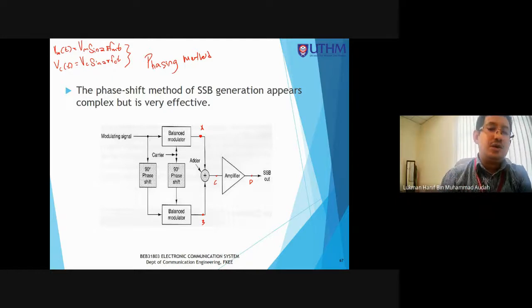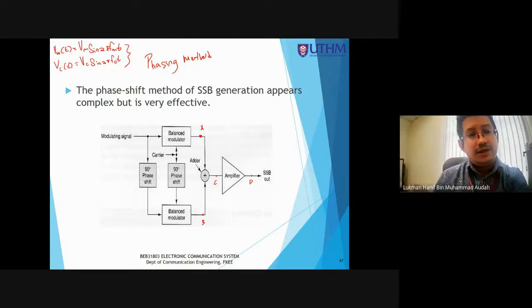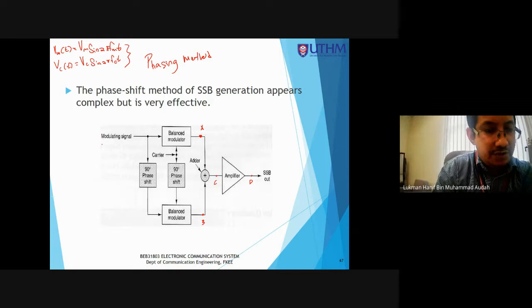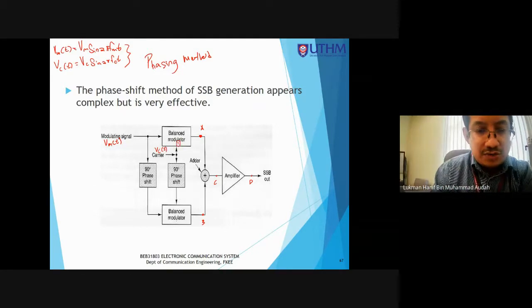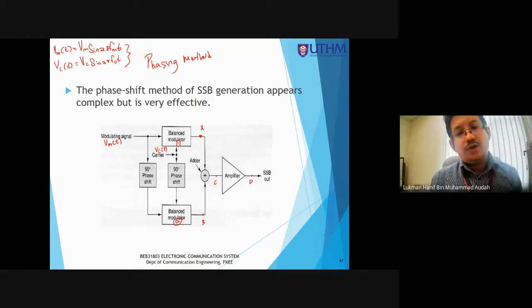Okay. So I want to show you that here from this circuit you're going to see that this is VMT over here, VCT is over here. Dan ada dua balance modulator. There are two balance modulator, 1 and 2.